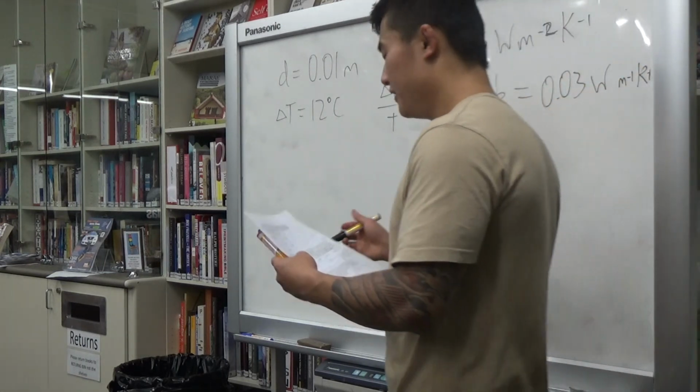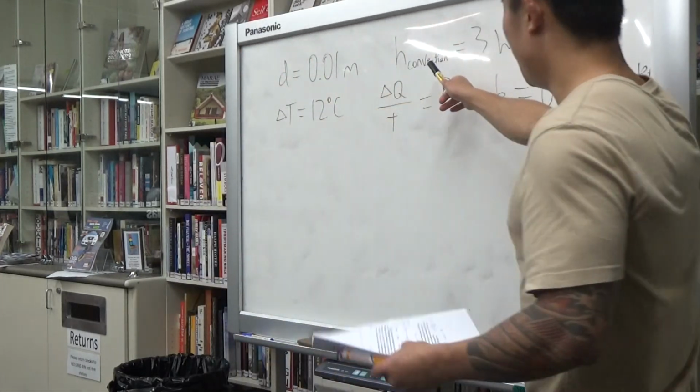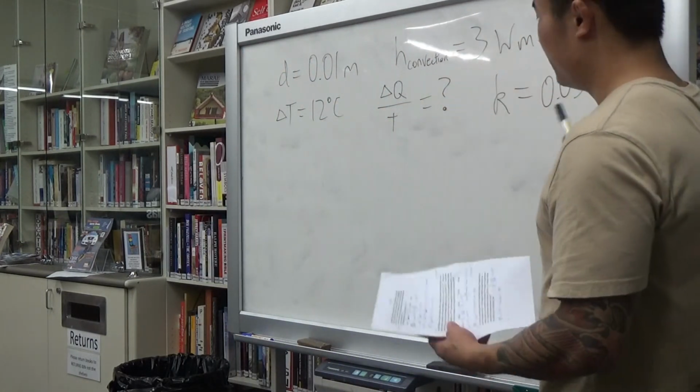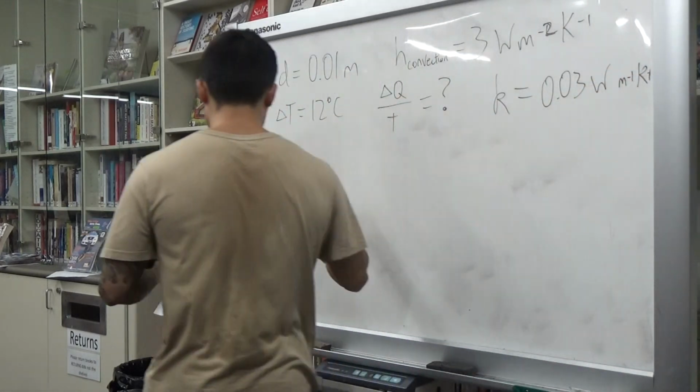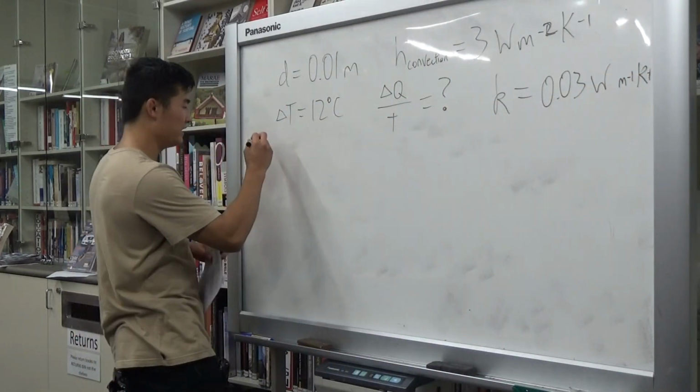So first of all, we've got the H of convection. We need to find the H of conduction, the heat transfer coefficient of conduction.